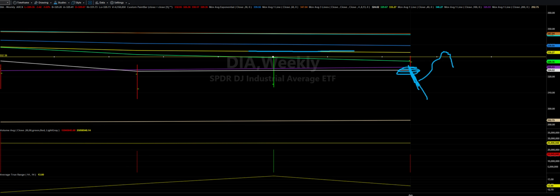And one thing is for sure, the second stop loss is right on the 100-week moving average. This magenta purplish looking line, that's right on the 100-week moving average. That's key. That 100-week moving average is serious. So we've got to watch this.